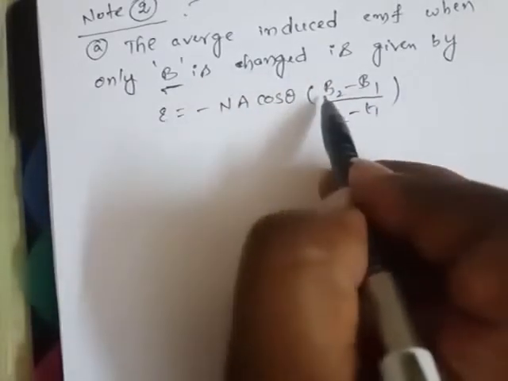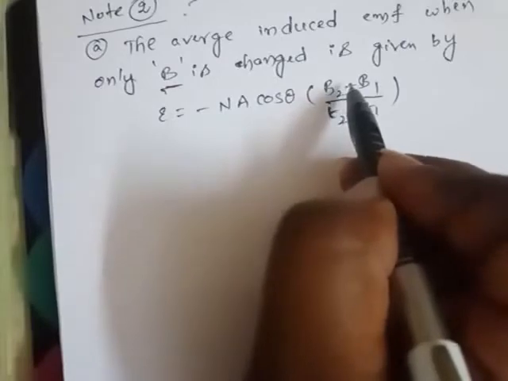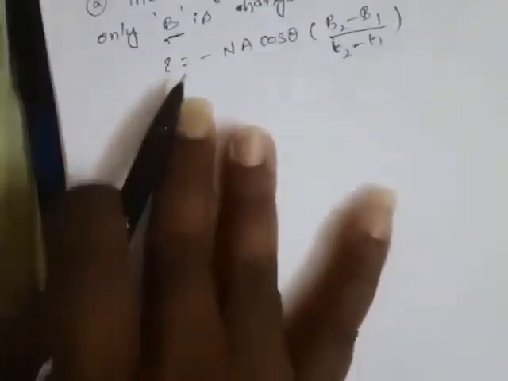Here B1 and B2 are the magnetic fields at the time instants T1 and T2 respectively.